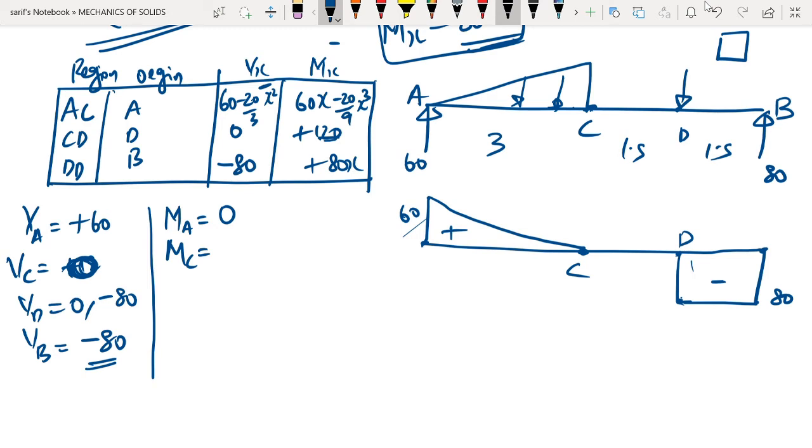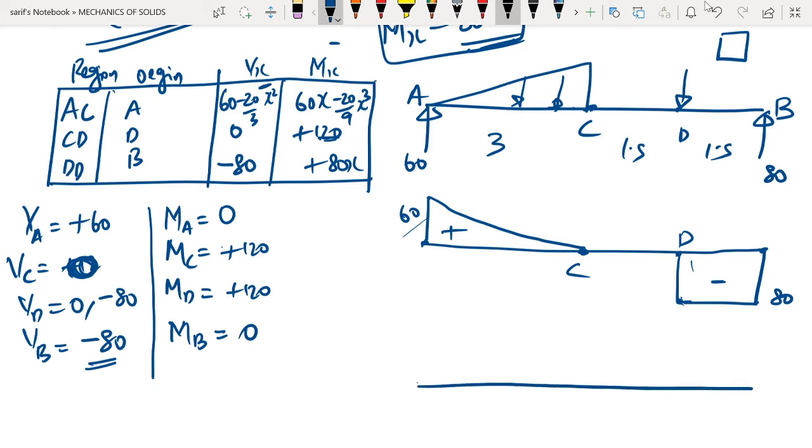MC we will take from the region CD, so it will be plus 120. MD also we can take from either region. We'll take it from the region CD, so that also will be plus 120. And finally MB, if we put x is equal to 0, we'll get it as 0. So this will be the value of bending moment at the different points. Now how do we draw this?